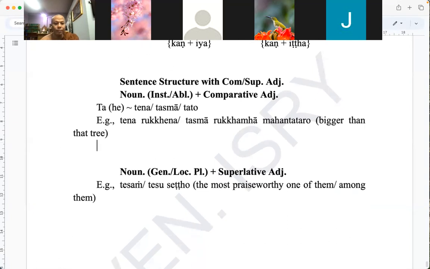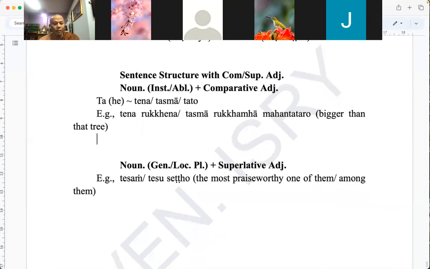Yes, for example, a complete sentence. Ayam rukkho, and the other one, so mahantataro. Maybe instead of saying 'so' again, 'again' is better.